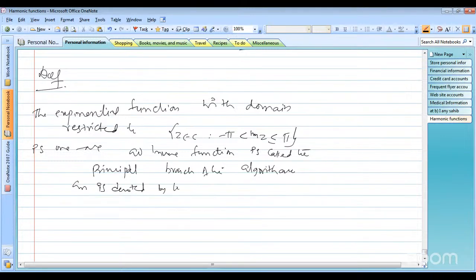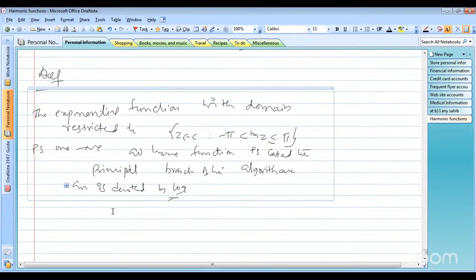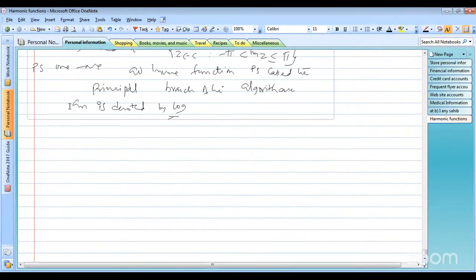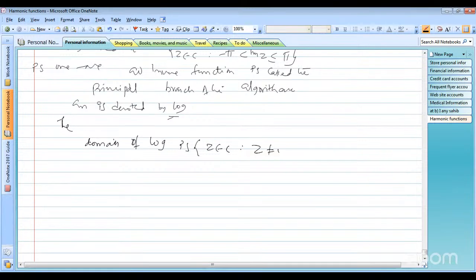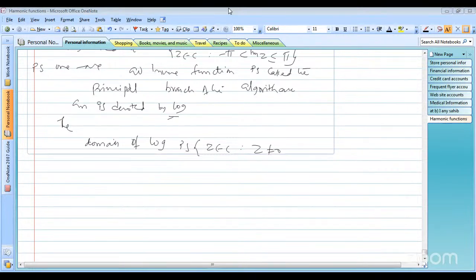It is denoted by Log. The domain of Log we are writing here: z belongs to C, z not equal to 0.